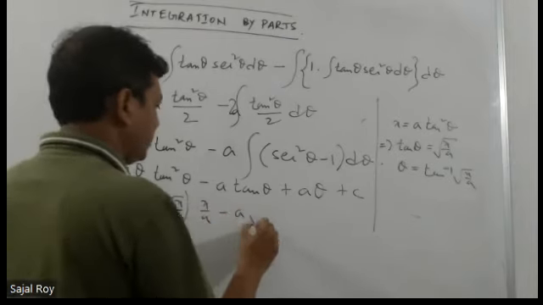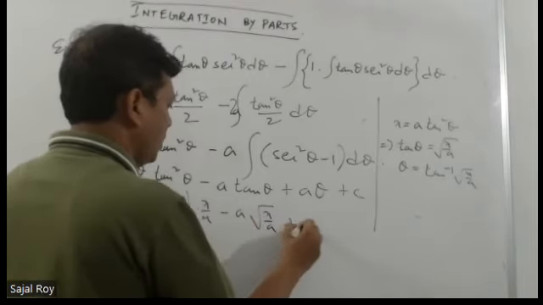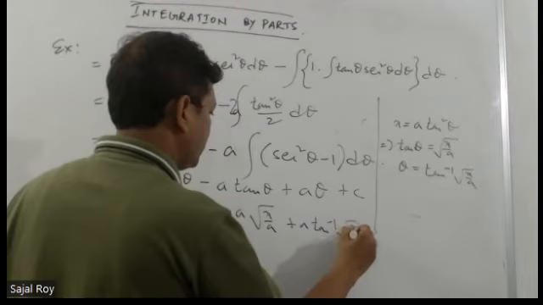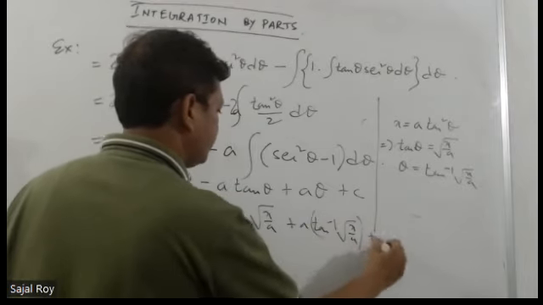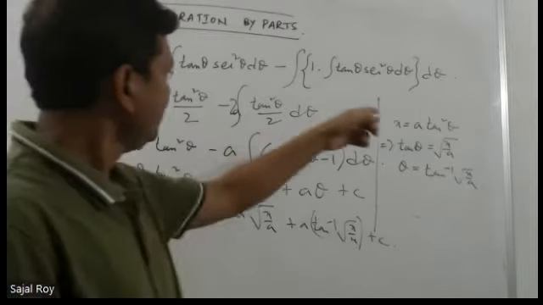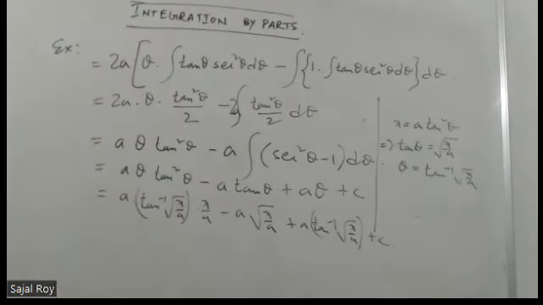Minus, what is your tan theta? Root over x by a. What is your theta? Tan inverse root over x by a. That's it. That is your conversion. Here you have a. That's it.